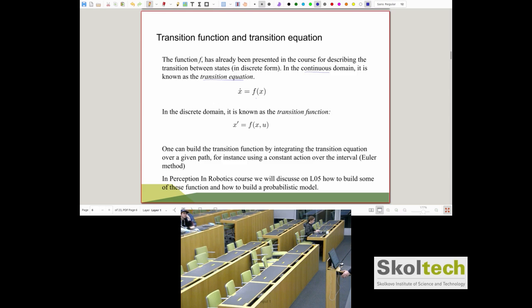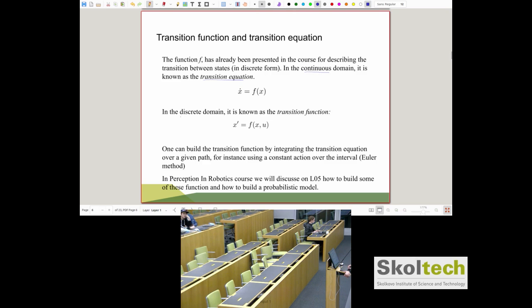It could be the one that we calculated before. For each of the coordinates in your trajectory, it's just the derivative over time, so this could be a velocity. For today's explanation, we will just talk about velocities, but it could be any other thing. The moment you have a state variable that is not positions, this derivative with respect to time could be anything else. This is in the continuous domain.